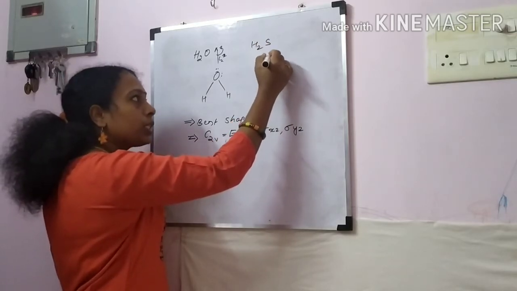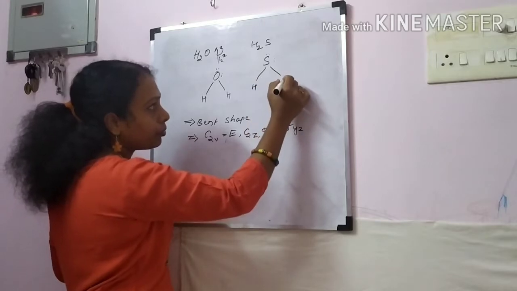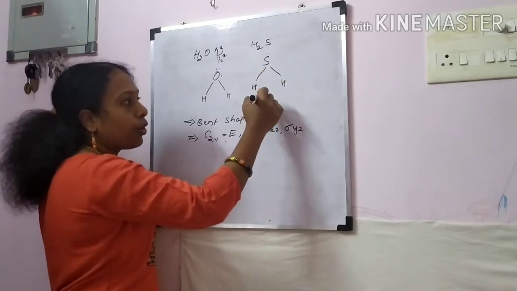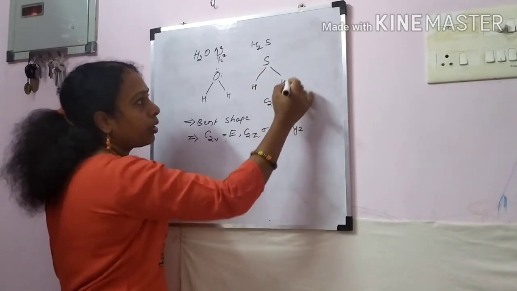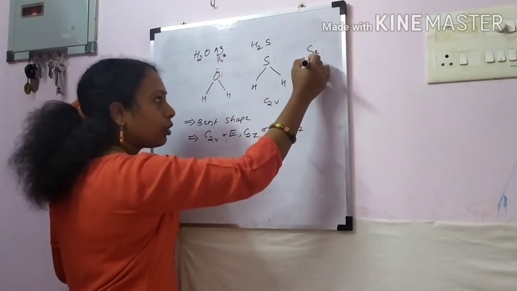Sulfur is also in the same oxygen family, 6 electrons, with 2 bond pairs and 2 lone pairs, and belongs to the point group C2V. Selenium also, if you see the oxygen family, all have 6 electrons.